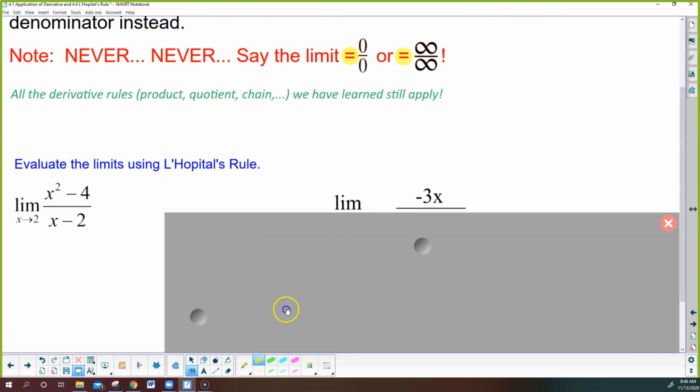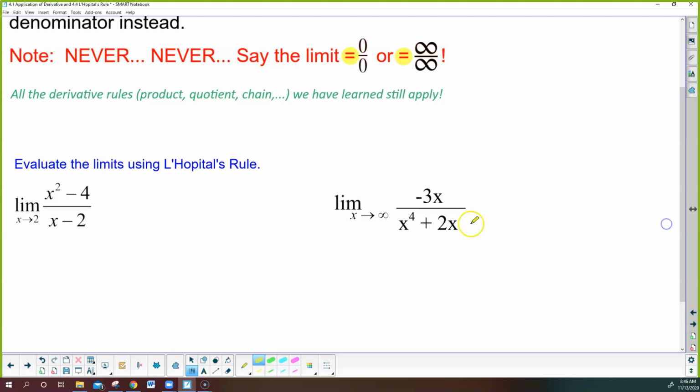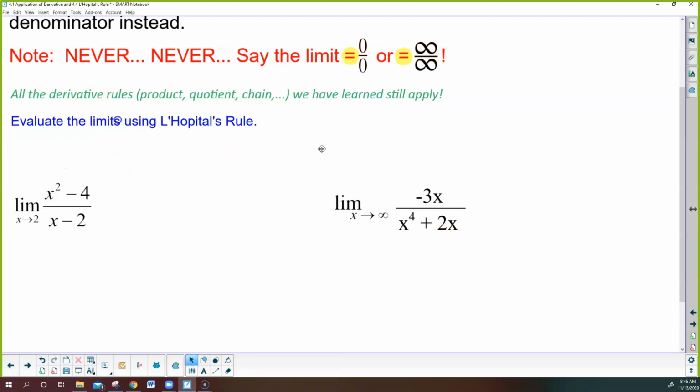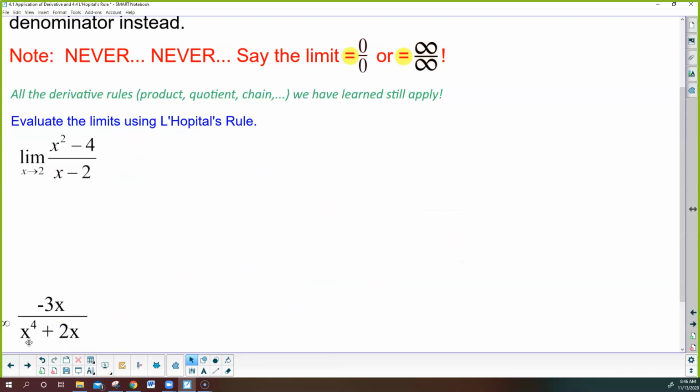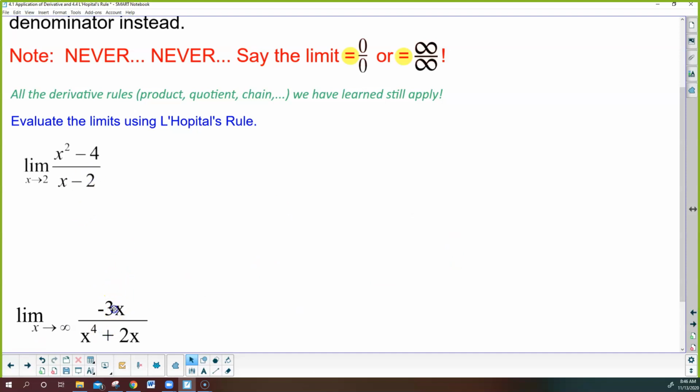So what we're going to do is look at L'Hopital's Rule with the two examples that we just did in the warm-up. So you actually know the answers to these two problems already. My goal is to get you guys to show proper notation.